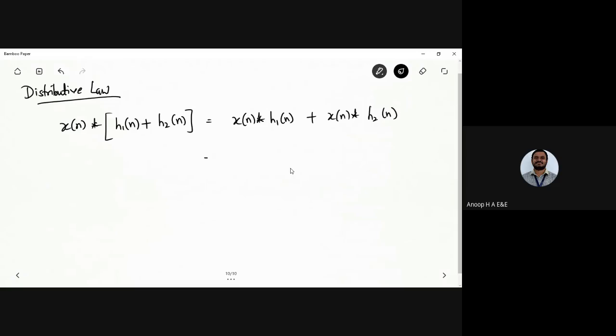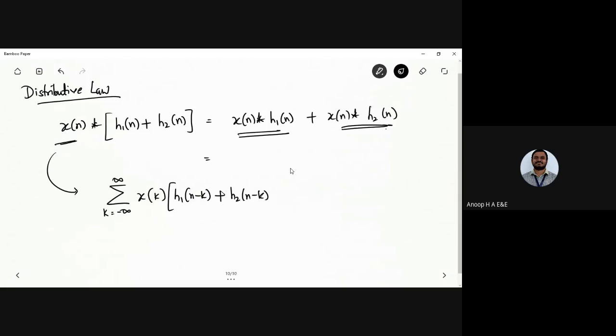So now what is the convolution of these two things we have to verify? Okay, so I have the left hand side, let me take the left hand side here. So I can write it as sigma k equals minus infinity to plus infinity x of k, and I need to shift the impulse response, h1 of n minus k plus h2 of n minus k.